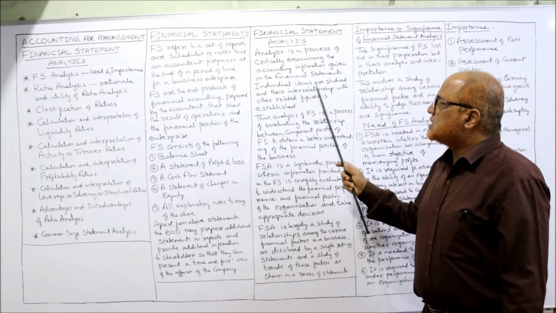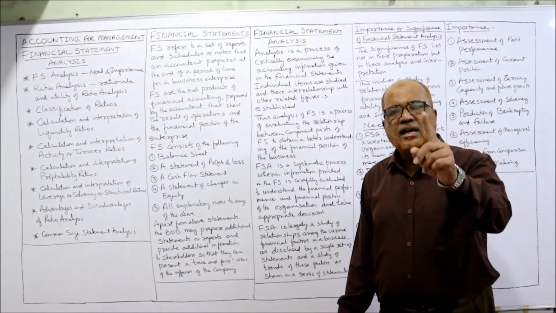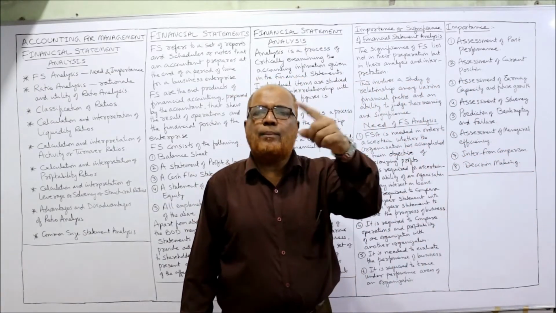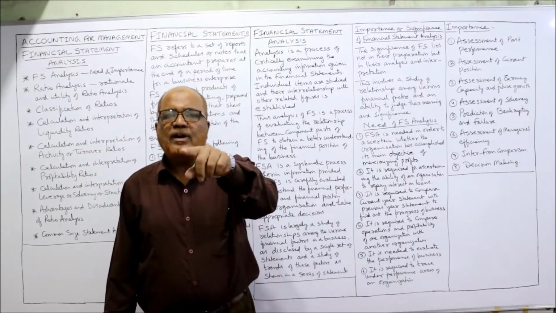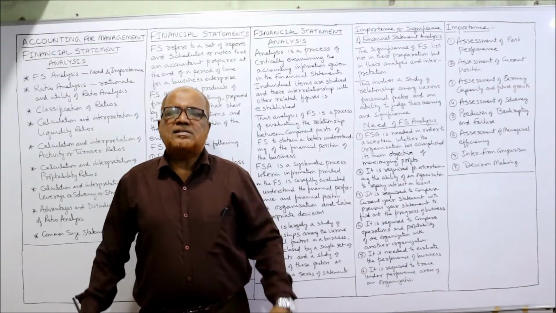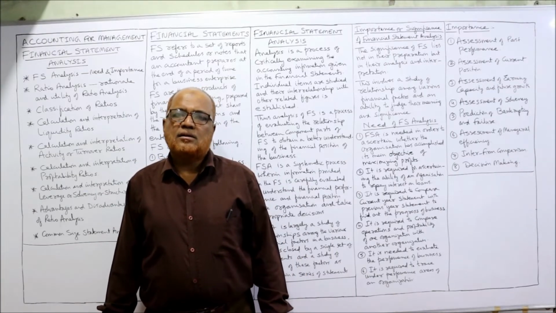Now, individual items are studied and their interrelationship with other figures is established. A single figure may not convey much meaning until and unless one figure is compared with another figure. One figure is related with another figure. Example, if I say my business earns 5 lakh rupees profit, it doesn't make any sense.